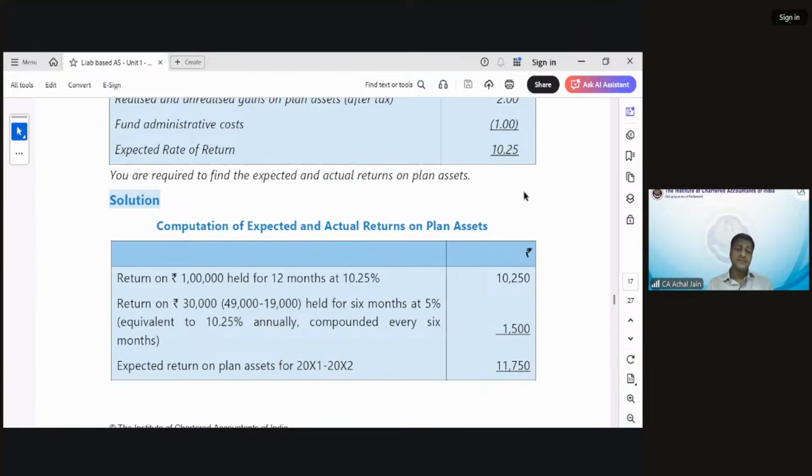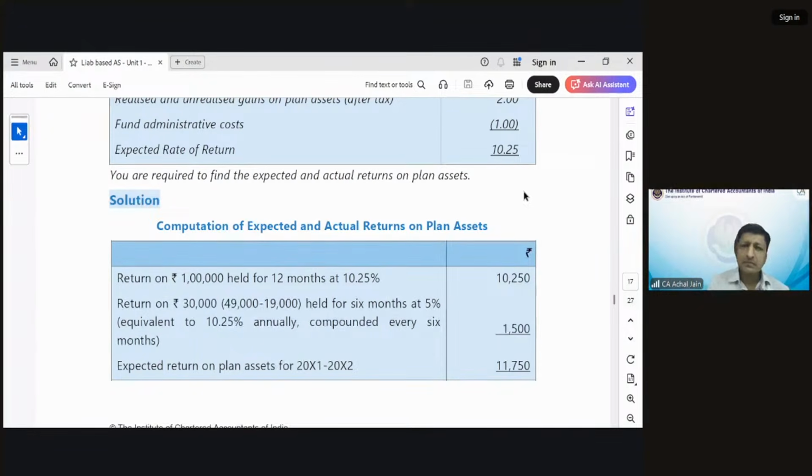Yes or no? So as at 30th September X1, the 30,000 amount which has been added to this fund, you'll add the return on that, right? At the rate of 10.25%.